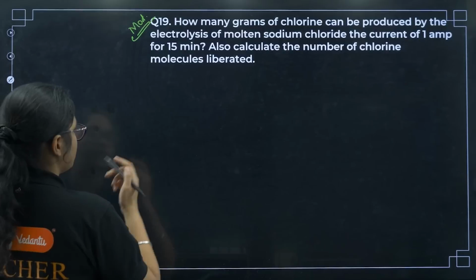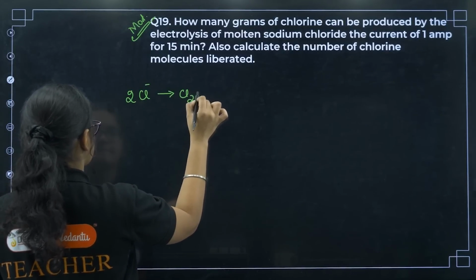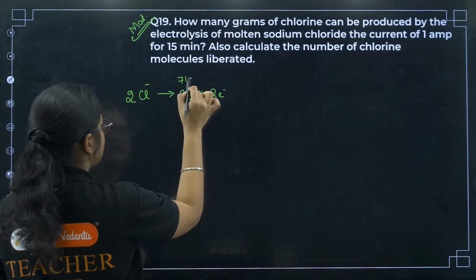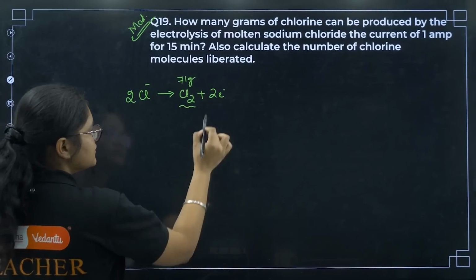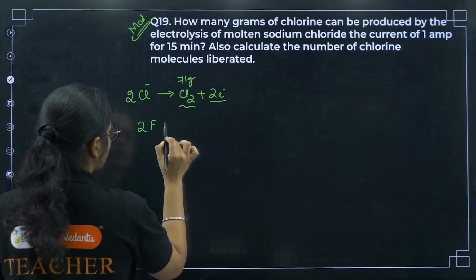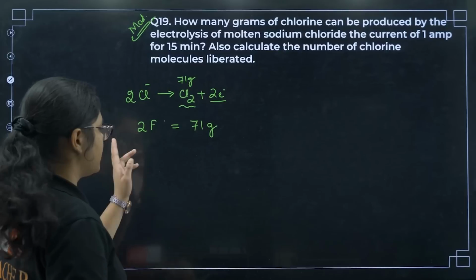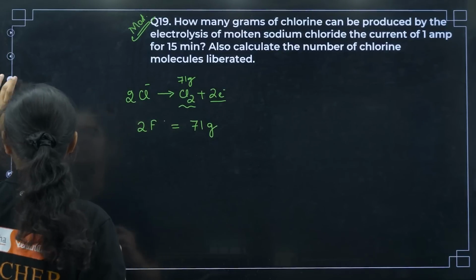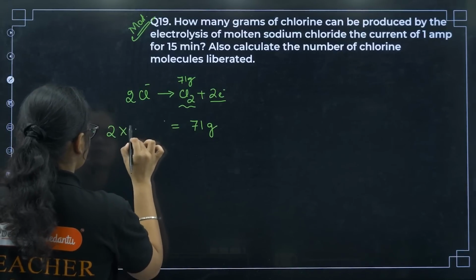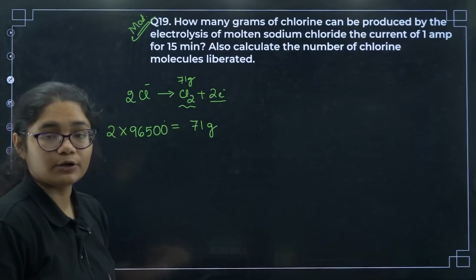So first, how many grams of chlorine can be produced? Chlorine mass is 71 grams. So from 2 Faraday, in terms of charge, 2 into 96500 coulombs will give me 71 gram.